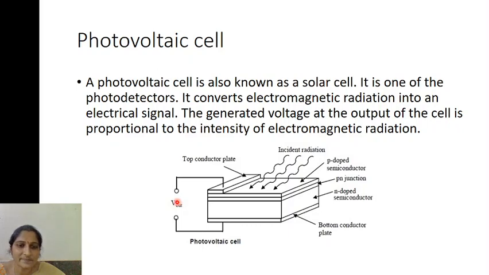As soon as light falls here, based on the electromagnetic radiation, the holes and electrons get separated, and there is a movement of these holes and electrons. The movement of electrons is nothing but the current, so you get the output voltage here. This is the photovoltaic cell.